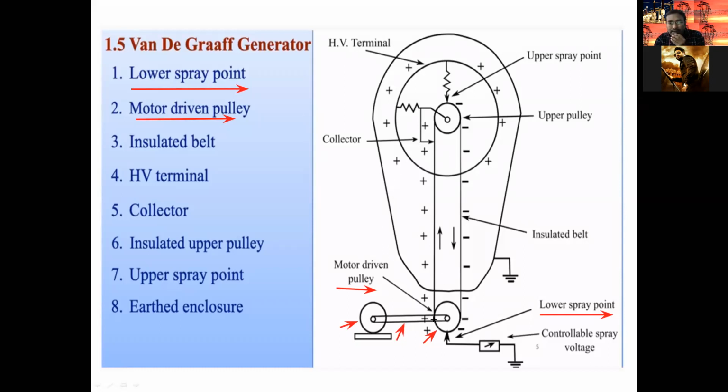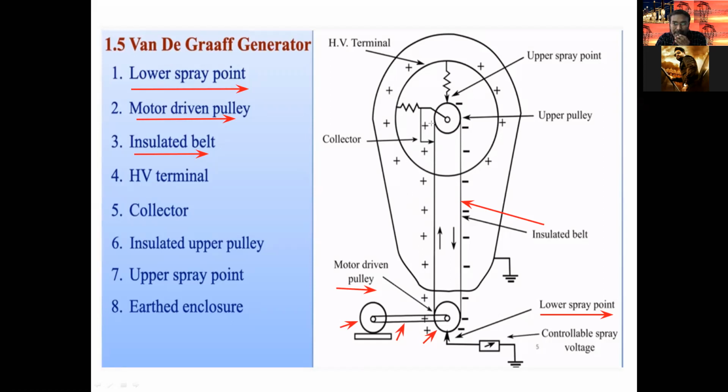Next, the insulated belt. The insulated belt is made of rubber or silk, rotating on the two rollers, clockwise or anti-clockwise. For simplicity, it is rotating in the clockwise direction. Anti-clockwise direction is also possible, but from a simplicity point of view, the collector is here and the bottom spray comb is here.